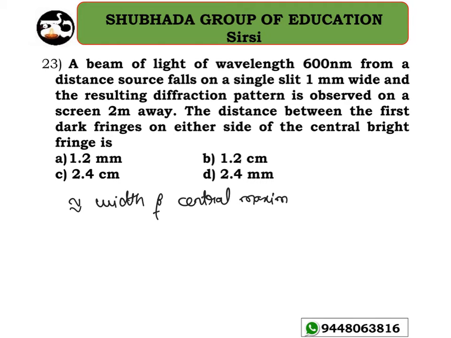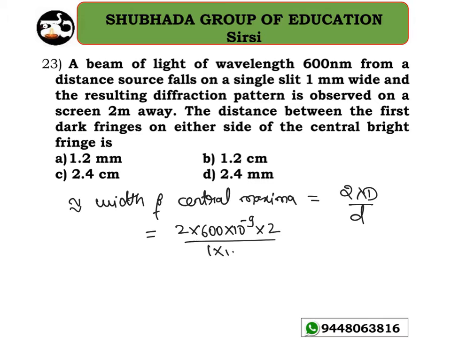Which is equal to 2 times lambda D divided by d. Let me substitute the values now: 2 into 600 nanometer, 600 into 10 to the power of minus 9, into capital D which is 2, divided by 1 into 10 to the power of minus 3, which is equal to 2.4 millimeter.